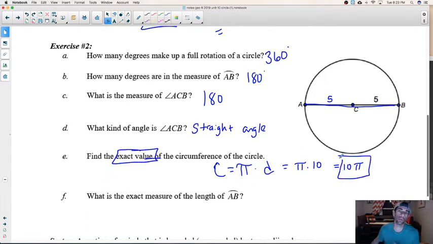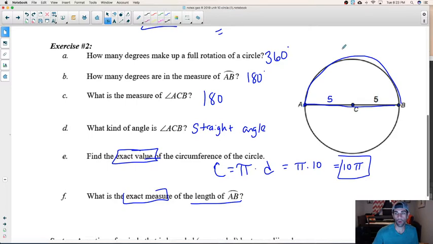Now, since it says exact, you have to leave it like this. Because once you throw pi into that calculator, because it's an irrational number, it's going to give you a decimal. It's not going to stop, so you would have to round it. No rounding allowed. So that's why you're going to have to leave it as 10 pi. Then it wants to know what is the exact measure of length of the arc AB, right?